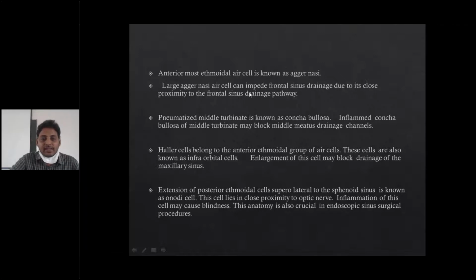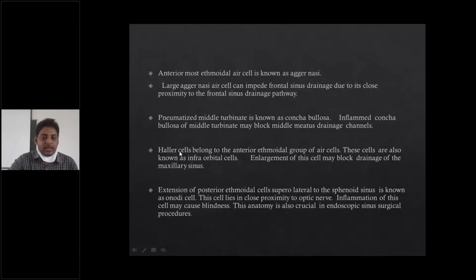The Agger nasi cell forms the anterior boundary of the frontal recess. So if the Agger nasi cell enlarges, if it is over-pneumatized, it may block the drainage of the frontal sinus and may lead to frontal sinusitis.